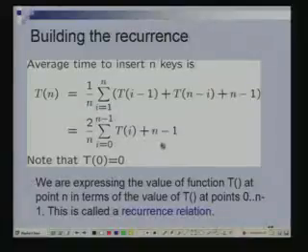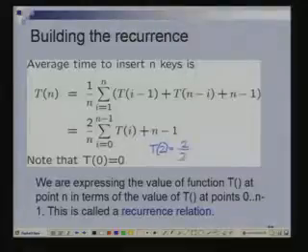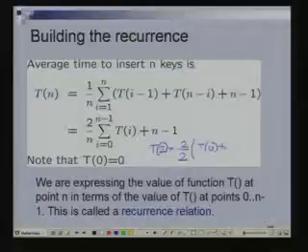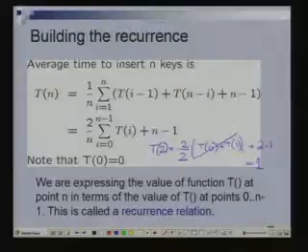If I were to just use this expression, T of 2 would be equal to 2 over 2 times T of 0 plus T of 1, both of which are 0, plus 2 minus 1. So this entire thing is a 0, and thus it becomes 1. So T of 2 also turns out to be 1.